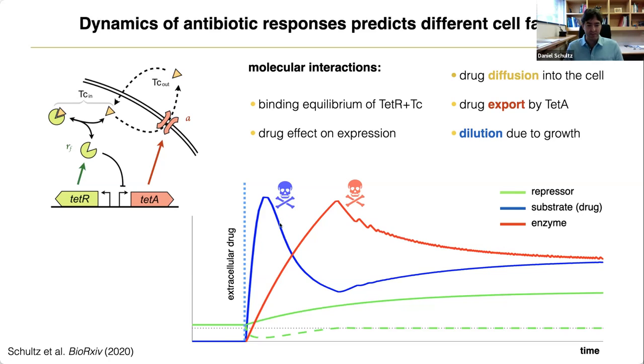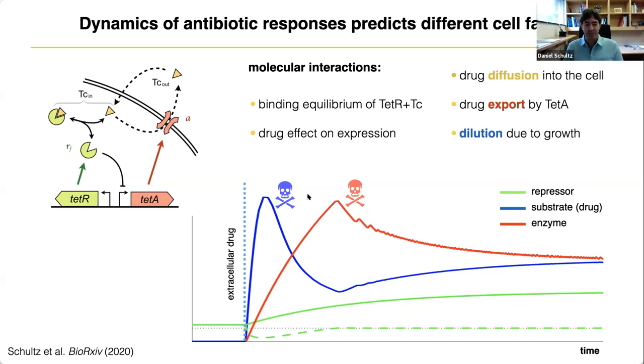Then the drug concentration inside the cell starts going down as the cell makes the efflux pump. But the efflux pump concentration keeps going up until the cell can shut off production. So there's a peak of efflux pump concentration, and then they stabilize to some intermediate values at the end.